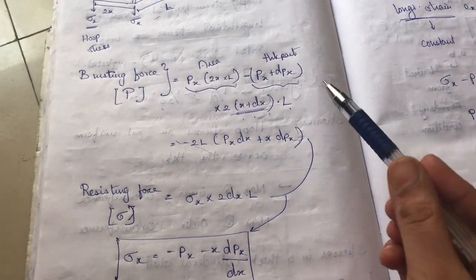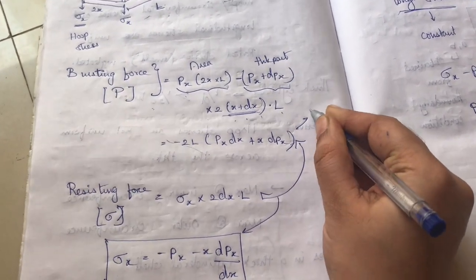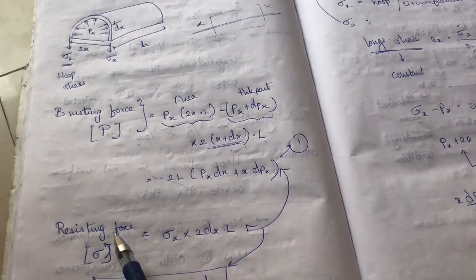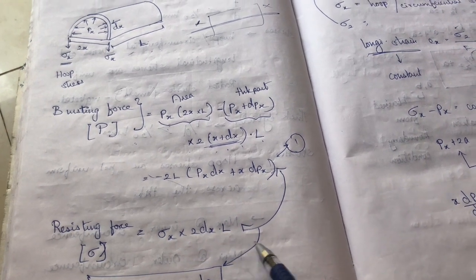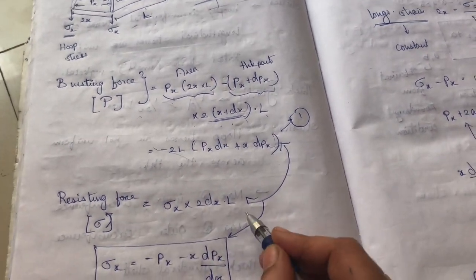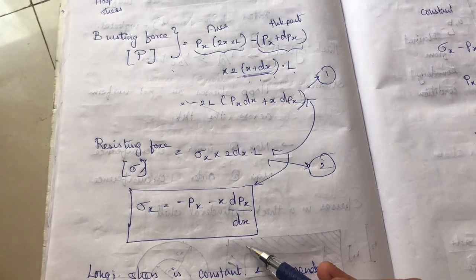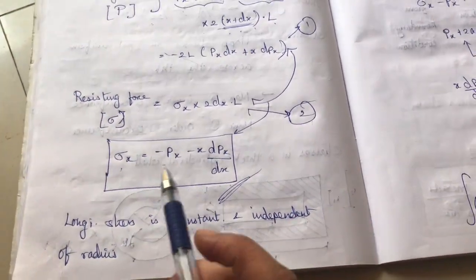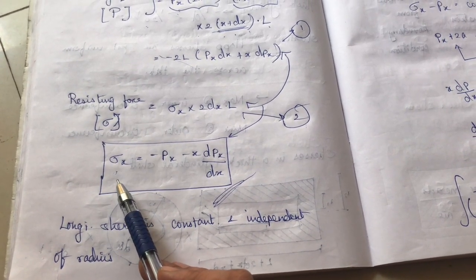Next, up to this it is equation number 1, and this is the resisting force. Next, the resisting force is sigma x into 2 times dx into L. So this part is dx into L. This is the second equation. Just equate these two equations and you will get sigma x, which is the circumferential stress.